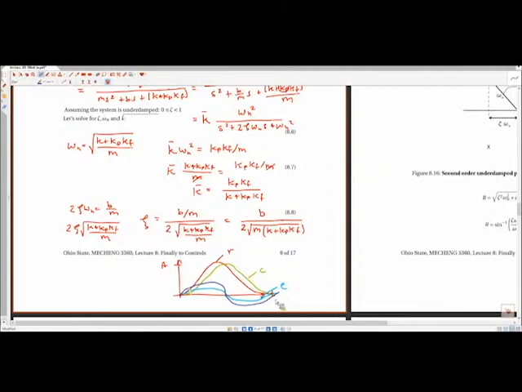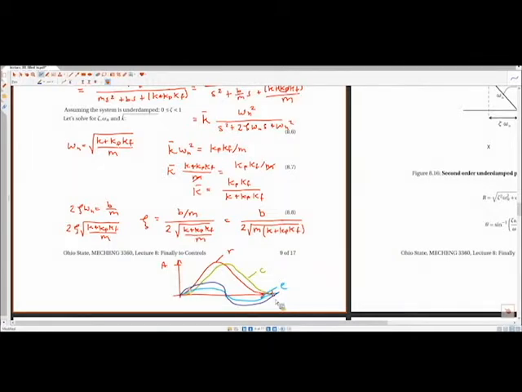And this is nice because we can start to describe behaviors of a system for this general form in very generic ways. If we look at the denominator of this transfer function C over R, this specifies where the poles are. The poles of a second order underdamped system are precisely at this location.